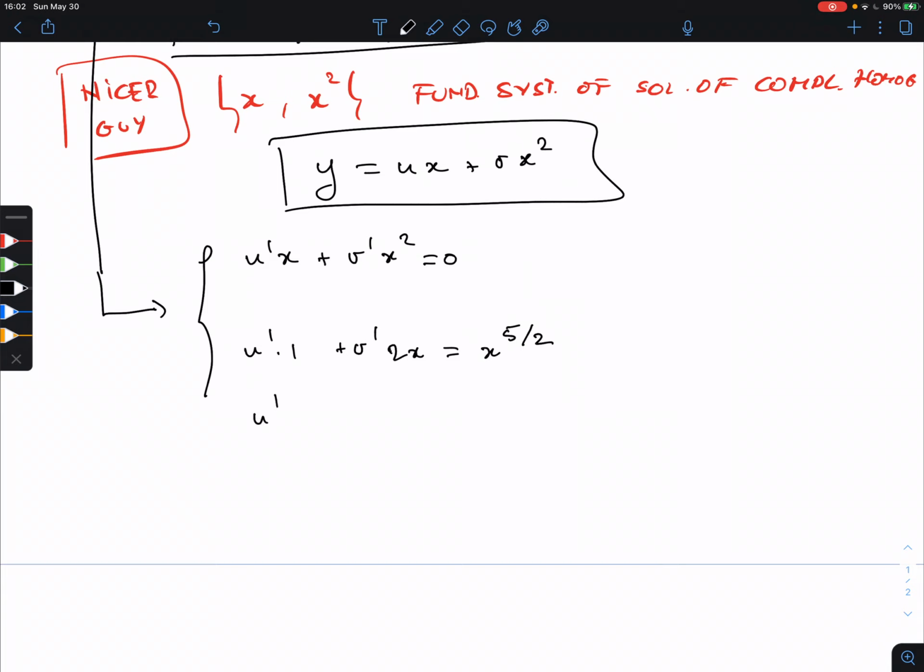Let me write this a little bit neater: u prime plus 2x v prime equals x to the 5 halves, and the other one is u prime x plus v prime x squared equals 0. So what do you do now? Think of u prime and v prime as part of a linear system of equations.